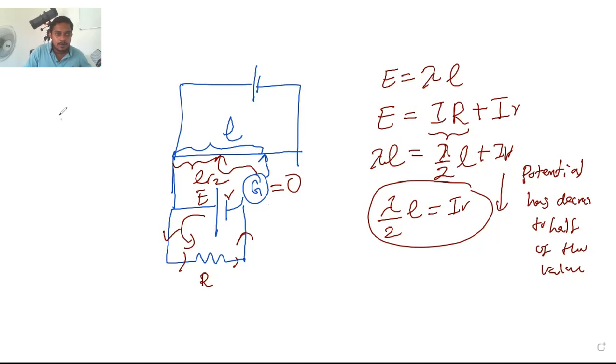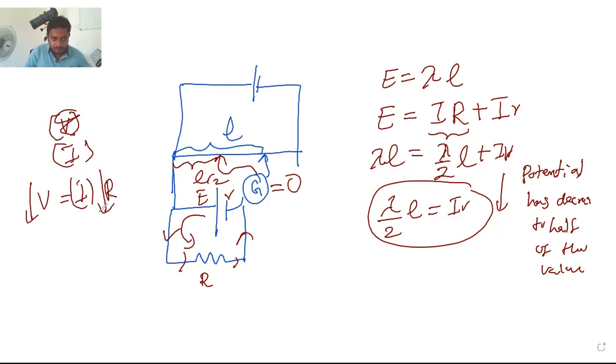I is constant, V has dropped to half of its value, so that means R also has to drop to half of its value. So how can R drop to half?